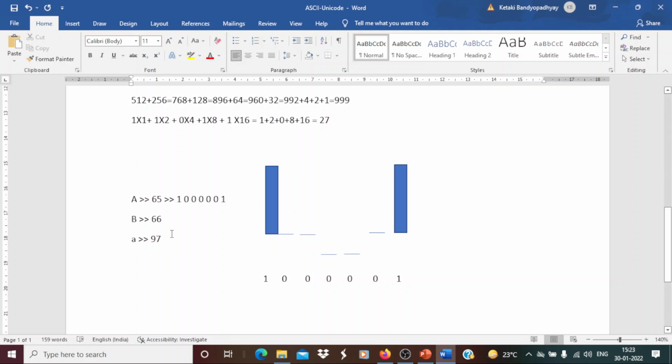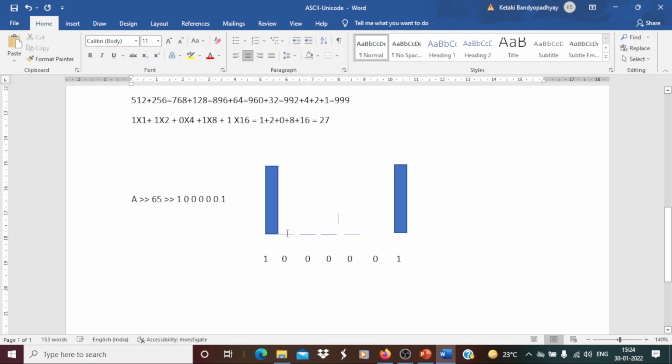And when you are writing A, what is actually happening inside your computer? When you write A, this particular thing is happening. 65 is immediately converted into its binary equivalent, and then this binary equivalent is getting stored inside your system as this particular symbol.